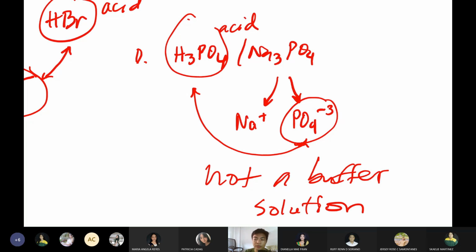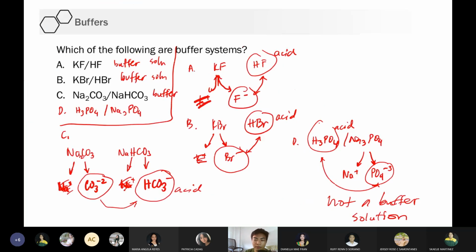So ganun yung gagawin nyo para malaman nyo kung anong chemicals yung pwede gamitin to create the buffer solution. Kahit ano, pwede gamitin. Pwede yung suka. Pwede yung sulfuric acid din. Pwede, basta may Ka, no? Basta may conjugate acid, may base. Or conjugate base merong acid.